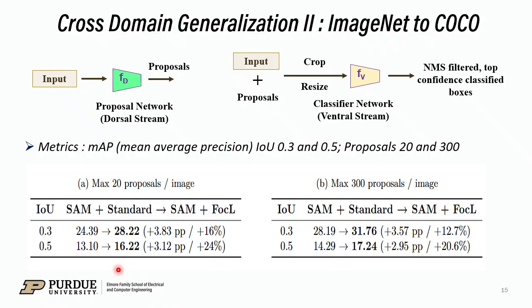From the results, you can see that for two different IoU thresholds, SAM and FocL is still much better than SAM and standard. This shows that the object-centric features that FocL learns are better for ImageNet to COCO transfer as well. And we use only direct mapping.